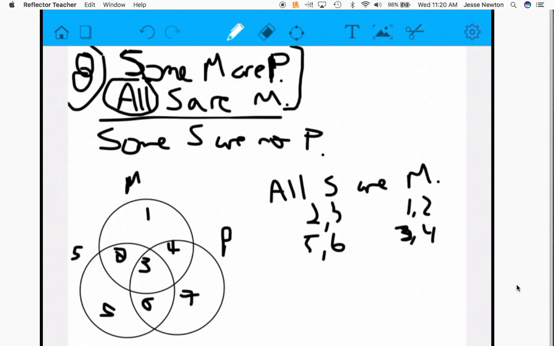So what we do is we circle the regions of overlap, which is 2 and 3 here, and we scribble out those.